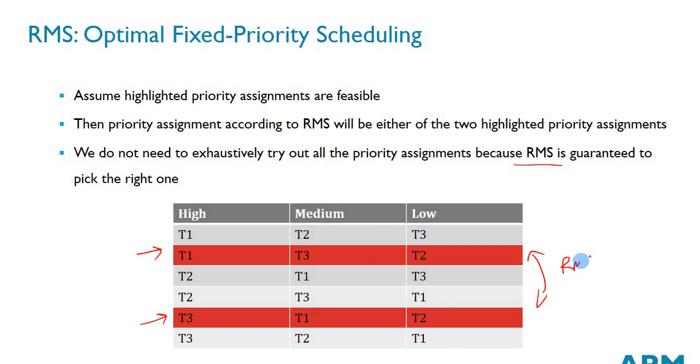Why this is important is that instead of doing all this trial and error and guesswork, I can guarantee that if I use RMS and I can find a schedulable algorithm, then definitely you will have a feasible schedule that you can apply to your system.